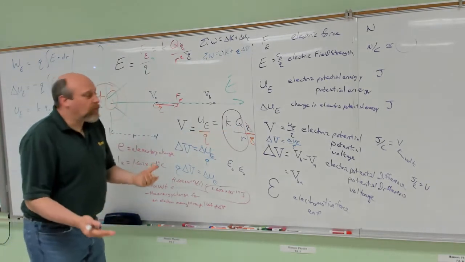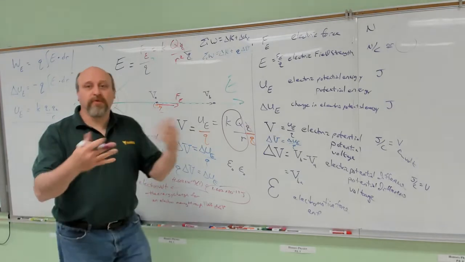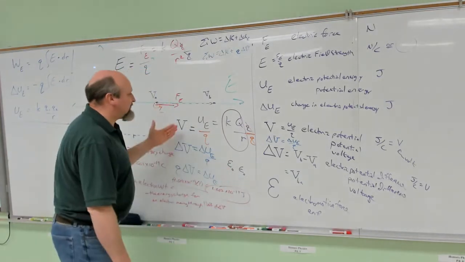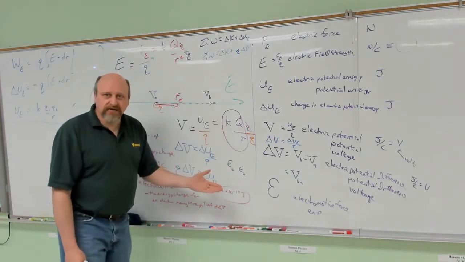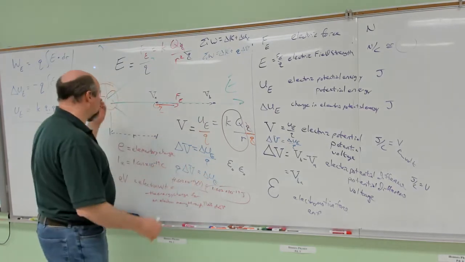Well, what would happen if I had multiple point charges? Then I would just add up all the KQ over Rs. Makes sense? I take the potential from this charge.